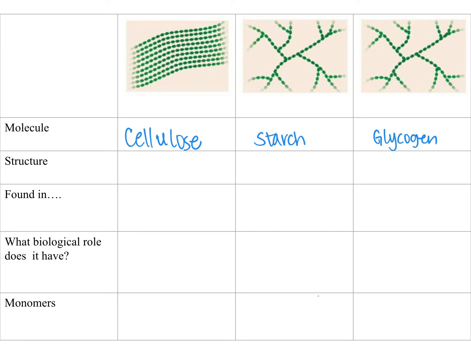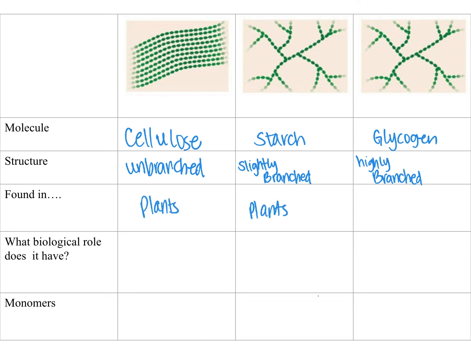So as I mentioned before, cellulose is very unbranched, long chains of carbohydrates. Starch is slightly branched, and glycogen is highly branched. Both cellulose and starch are found in plants. However, glycogen is found in animals.